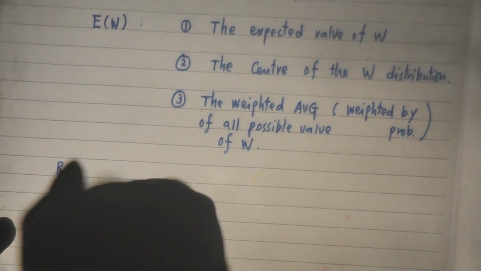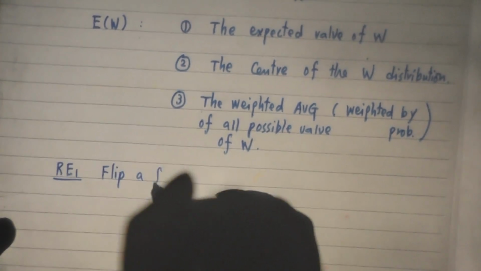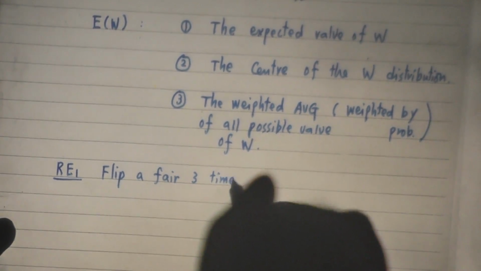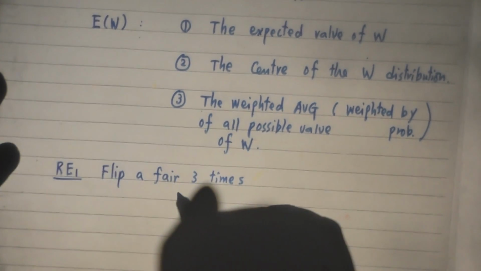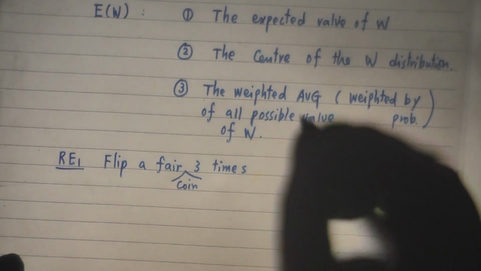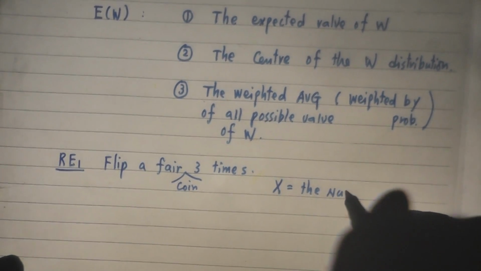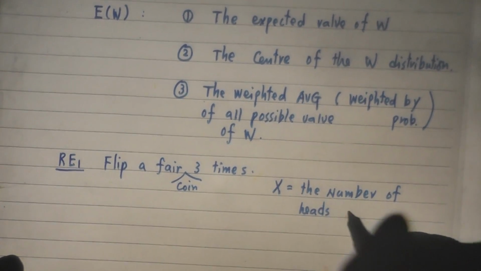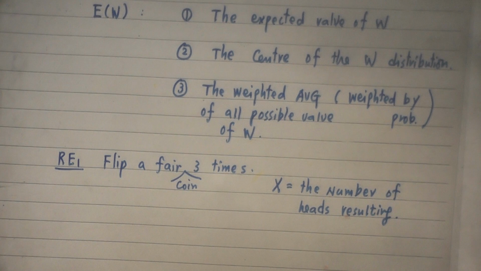Look at our random experiment 1. Flip a fair coin 3 times. And X is the number of heads resulting.